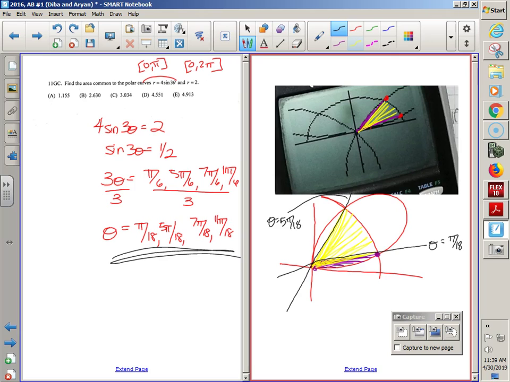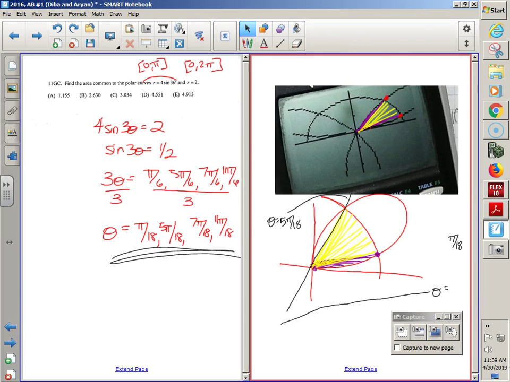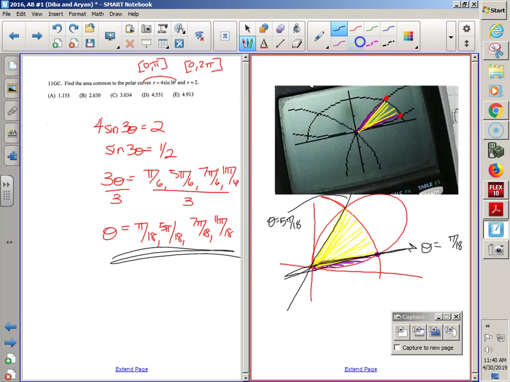Oh, and that line down here is very nasty. I apologize for this line being kind of off. But I think also my drawing was a bit off. Let me see if I can get a prettier line. So there's my theta equals, and then here's my theta equals.